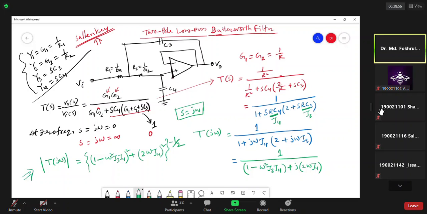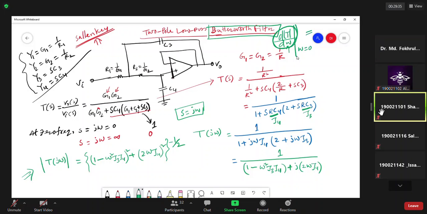And then, according to the maximally flat Butterworth filter, the derivative of the transfer function magnitude with respect to frequency, dT/dω, must be taken, and then we put ω equals 0. At ω equals 0, the derivative will be 0.